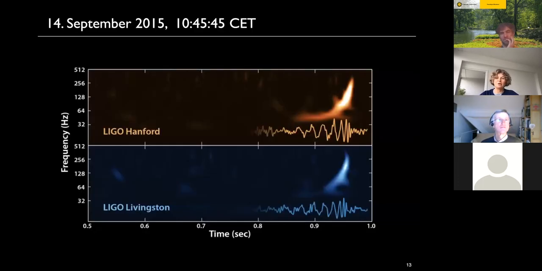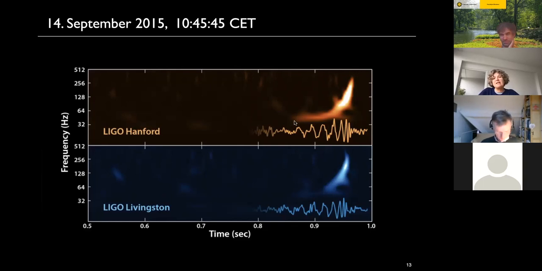And here it is shown in a bit more detail, so you can see more clearly the structure of the signal. So again, it's the signals in both detectors in the two panels. It still looks a bit ragged because there's still some noise in the detectors. And these blob-like structures are a representation of how much power is in the data at a given frequency versus time.